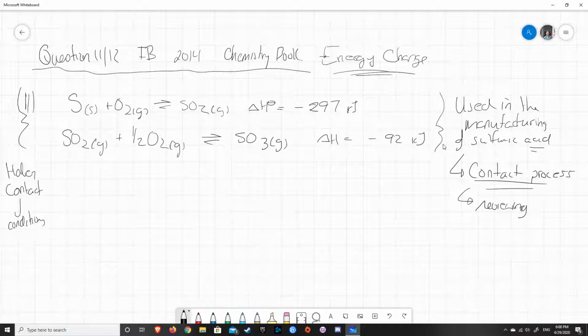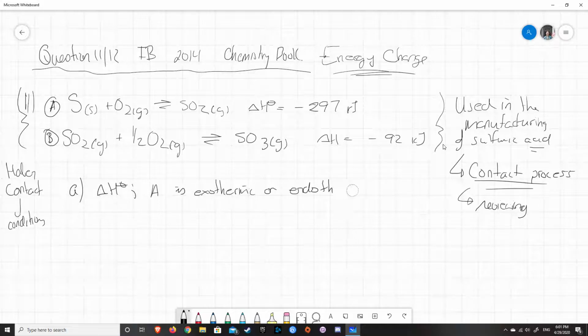reactions. So the question states, what is meant by the term delta H naught? And then it says, state whether reaction A, and I'll put reaction B here, state whether reaction A is exothermic or endothermic, and provide evidence.